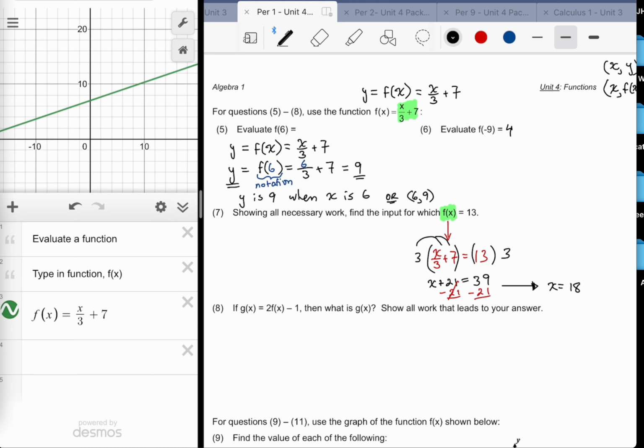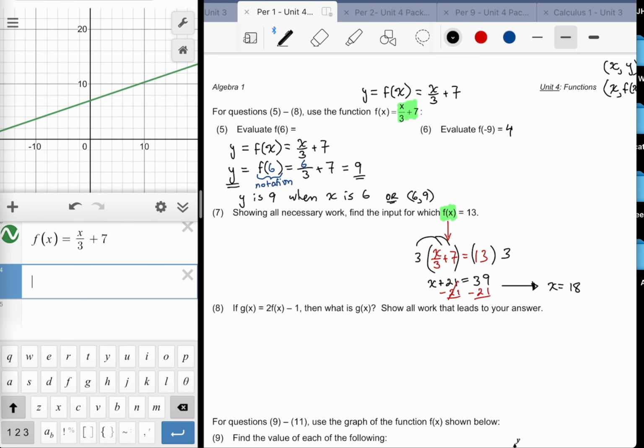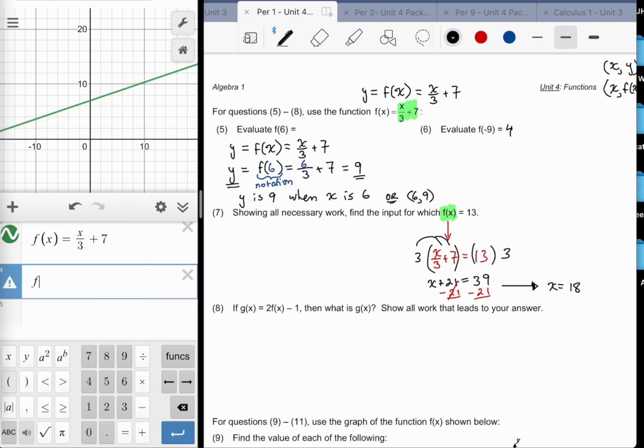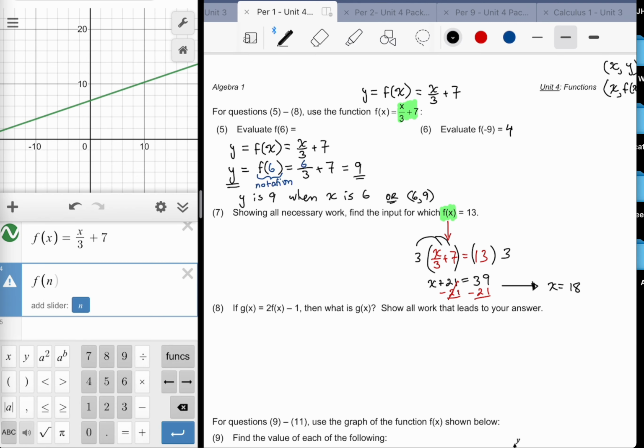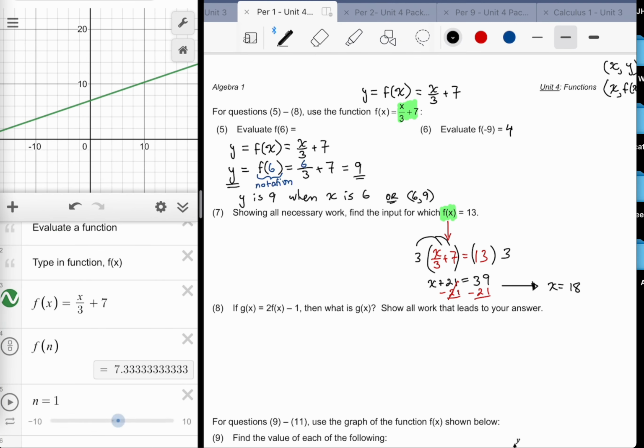Some sort of reminder of that. But what I would probably do is just put in f of n for number, and create a slider for that. You could jazz that up any way you want, where n is the number in the problem. Let n be the number from the question.